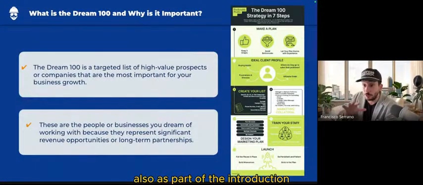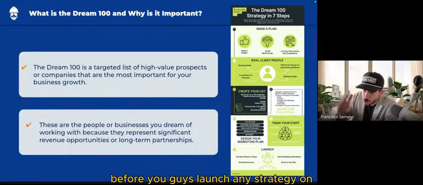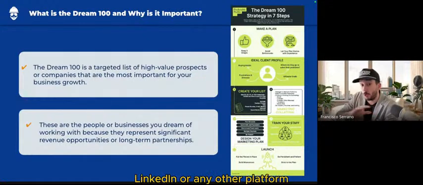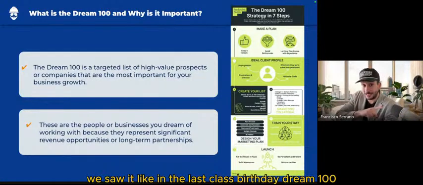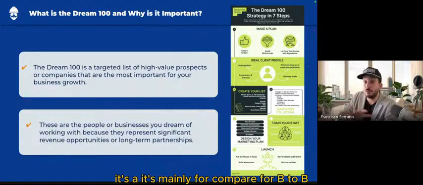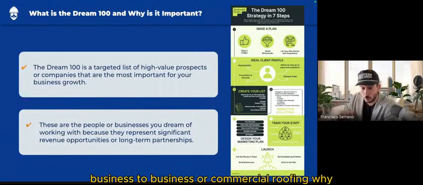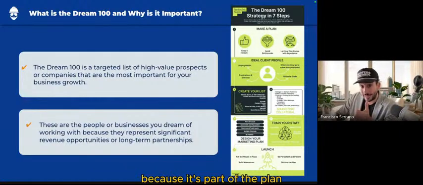Also, as part of the introduction, before you launch any strategy on LinkedIn or any other platform, have your Dream 100 ready. We saw it in the last class, but the Dream 100 is mainly for B2B, business to business, or commercial roofing. Why? Because it's part of the plan.